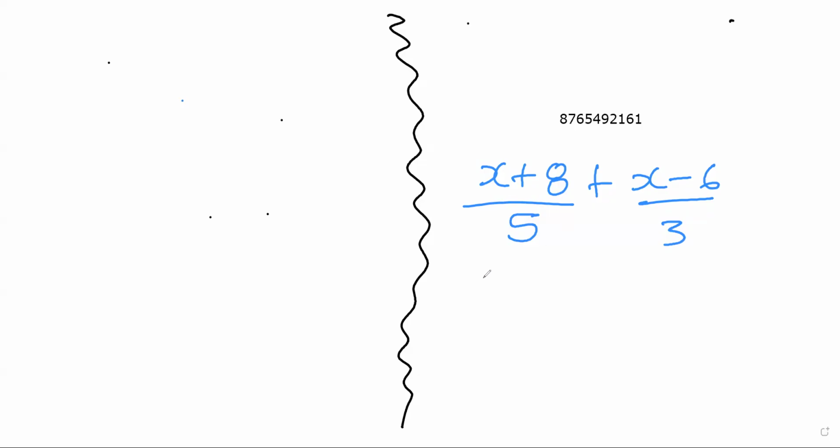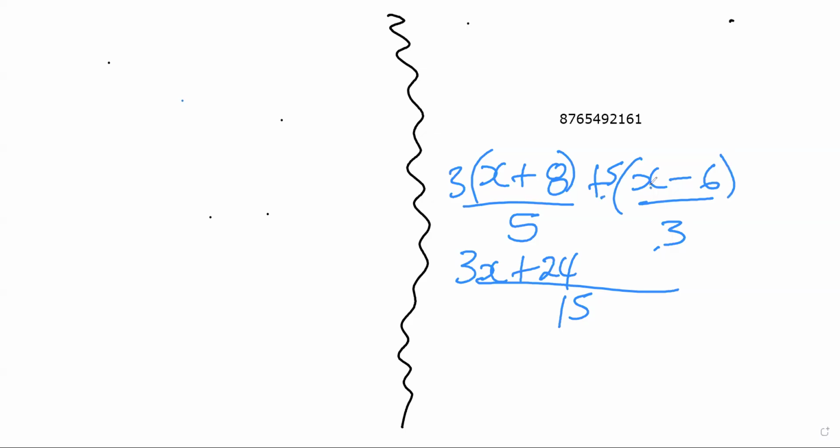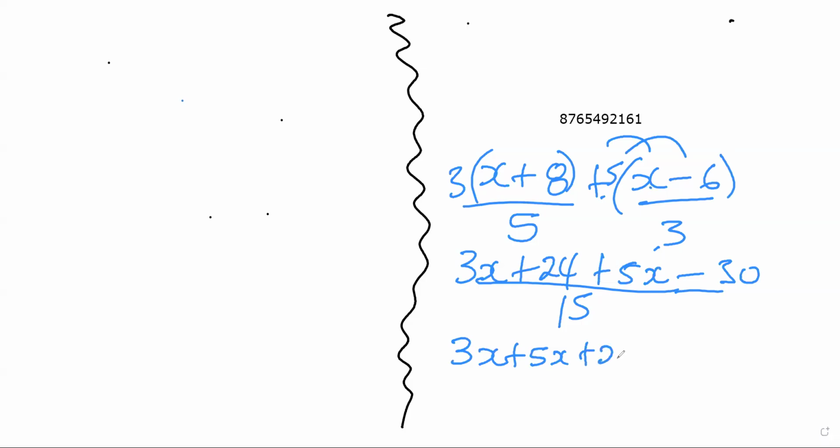Same procedure, find our LCM, which is 15. 5 into 15, 3. 3 times x, 3x, 3 times 8, 24. 3 into 15, 5. 5 times x, remember positive times a negative, negative, and 5 times 6, 30. Group the like terms, so we have 3x plus 5x plus 24 minus 30 all over 15.